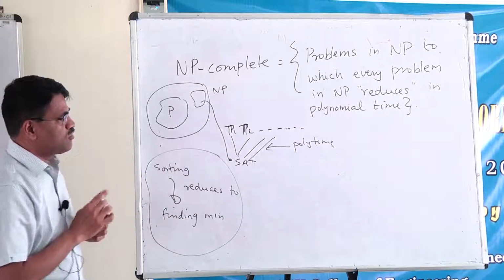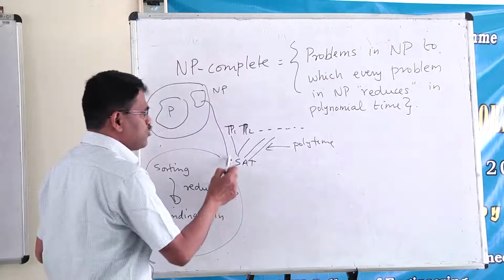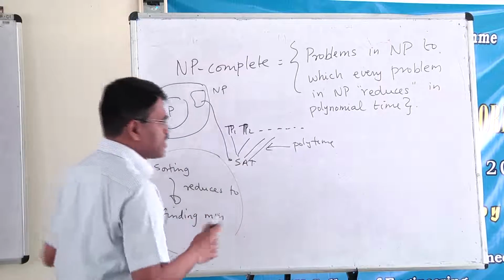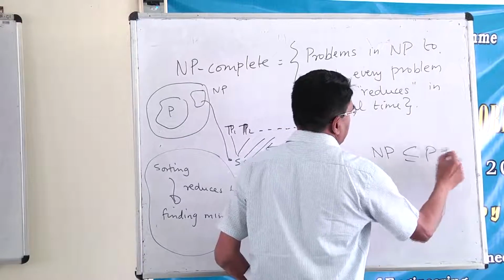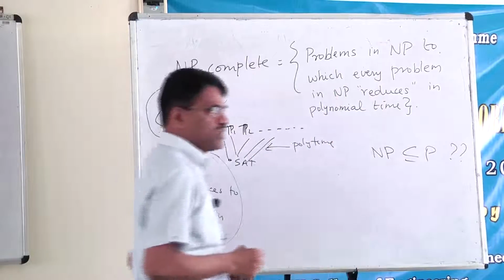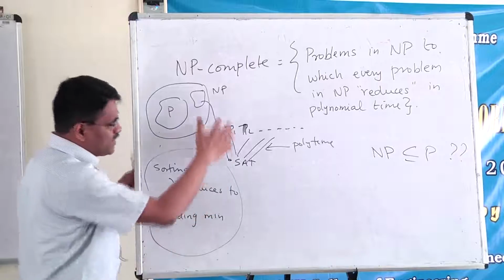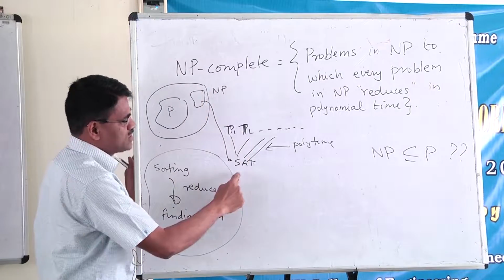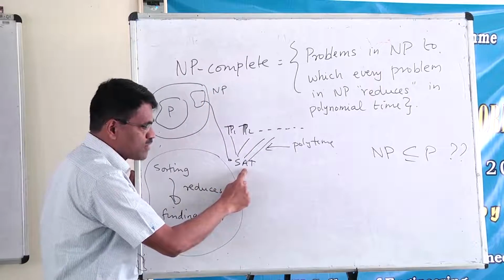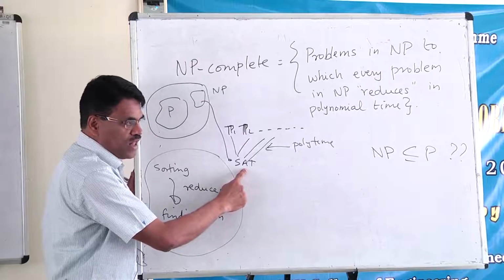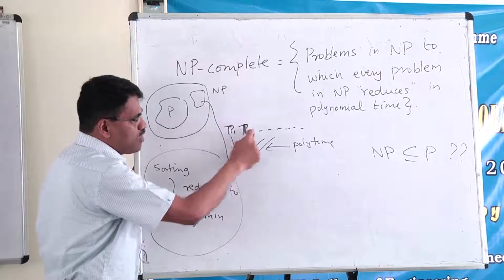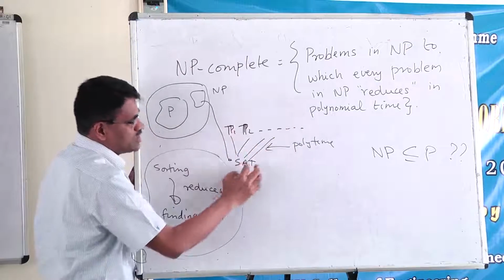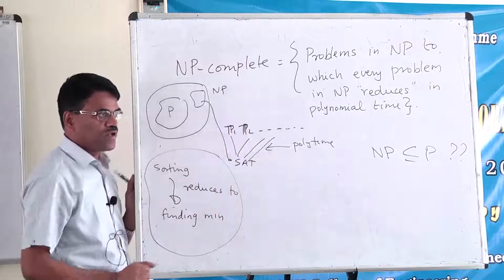So that's the flavor. Remember the big open problem: we don't know this. Now, what this reduction or this notion says is that if you have a polynomial time algorithm for this problem, then you can use this as a subroutine to solve every problem in NP, use this reduction, use this subroutine, solve it in polynomial time.